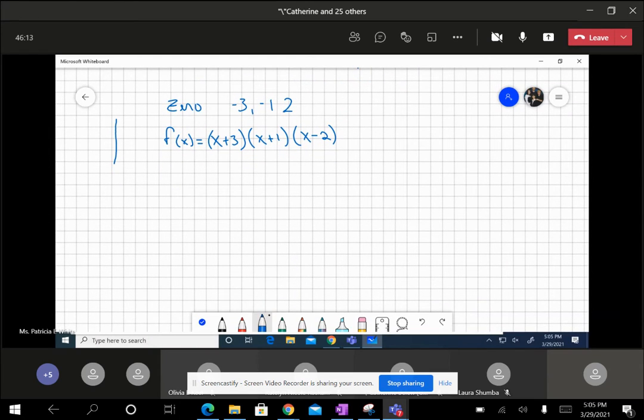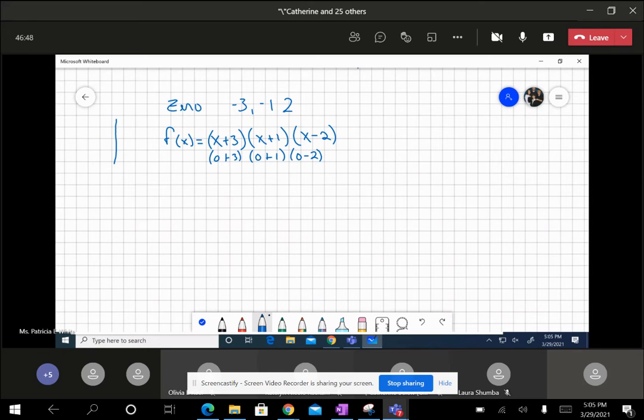All right, now what if I asked you, these are your x-intercepts, right? What's your y-intercept going to be on this? If I multiply this whole thing out, what constant number would be at the end? Okay. So if I did 0 plus 3, and 0 plus 1, and 0 minus 2, because x is 0.